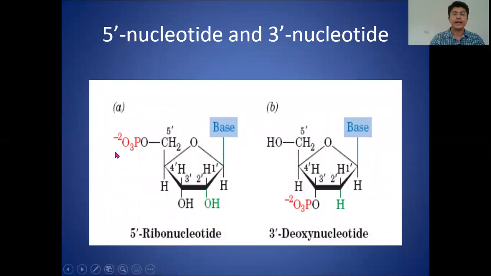The phosphate can be attached to the 5' carbon or even at the 3' carbon, but the 5' nucleotides predominate, and in the nucleic acid chain, the 5' nucleotides are present.